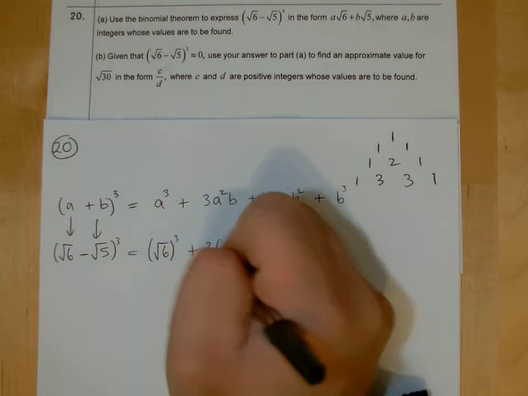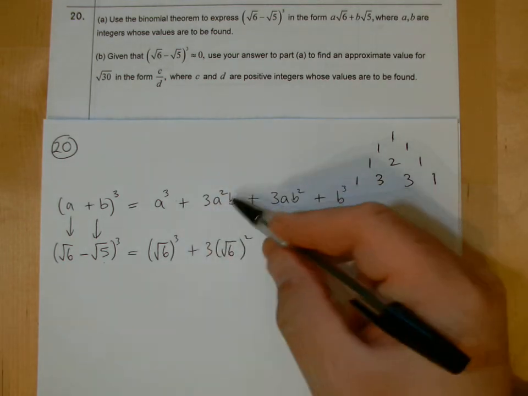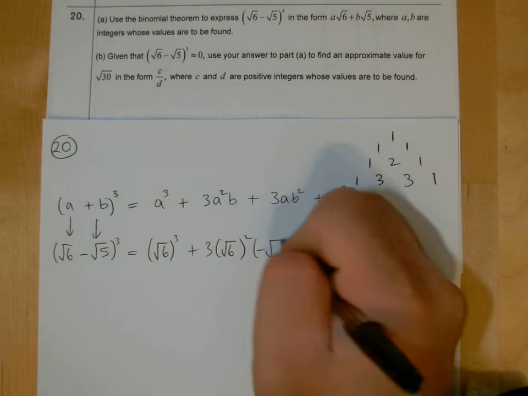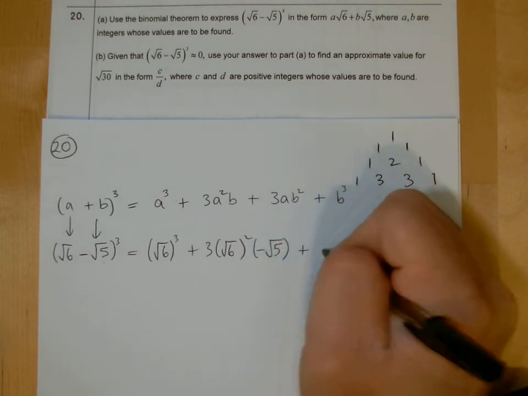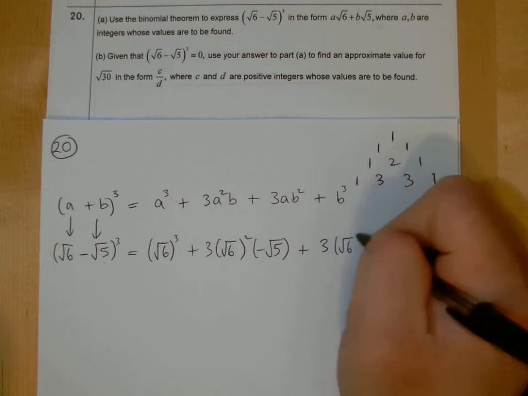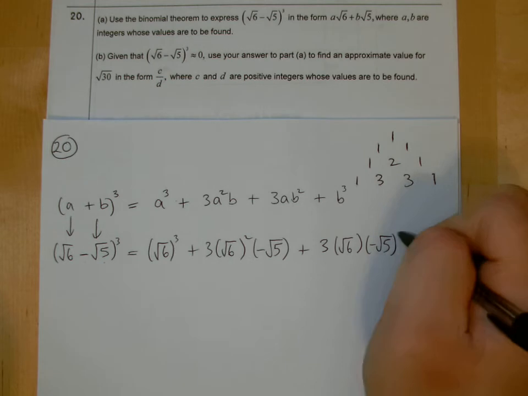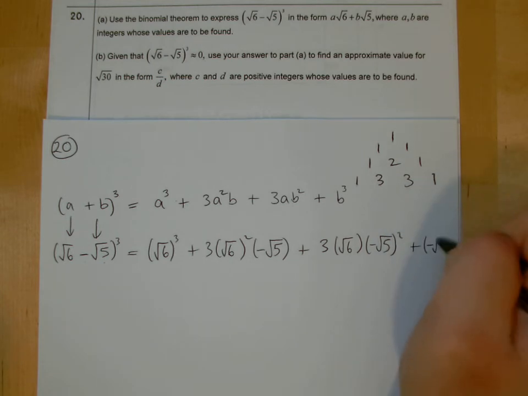Plus 3 root 6 there, squared for a squared. B then is minus root 5, plus 3 then a, which is root 6. B then is going to be minus root 5 and squared, of course. And at the end then b, minus root 5 cubed.